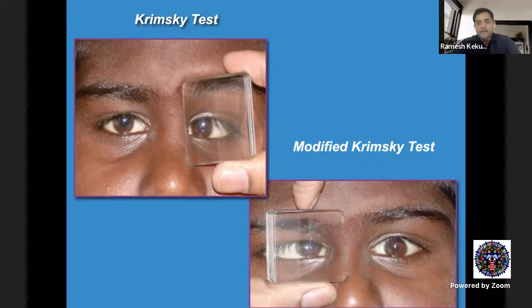There are some prerequisites to do a cover test. Number one, they should have relatively good vision, probably, I would say, they can read 2200 or so on your vision chart. Second, it's important that they have central fixation.